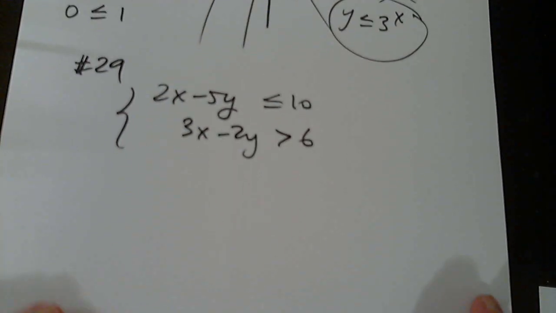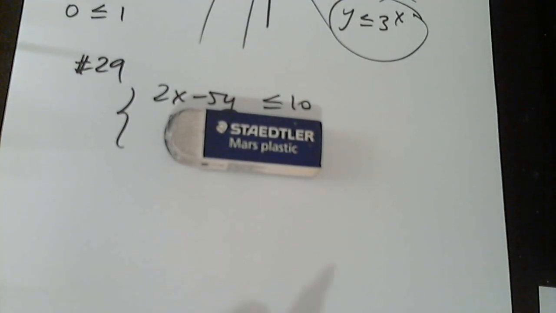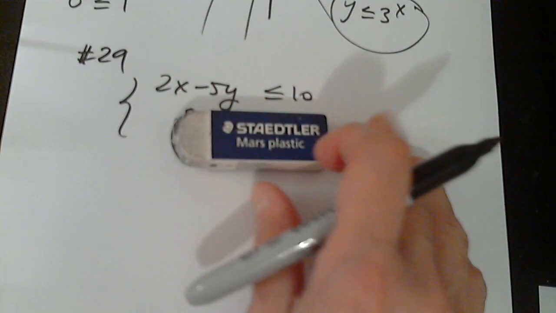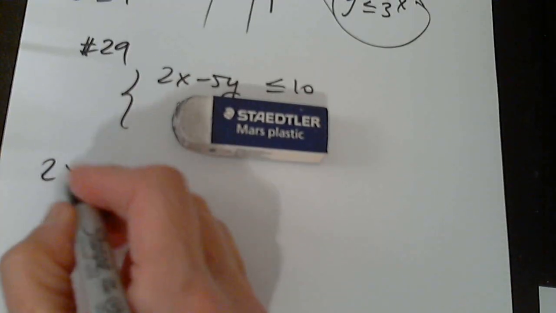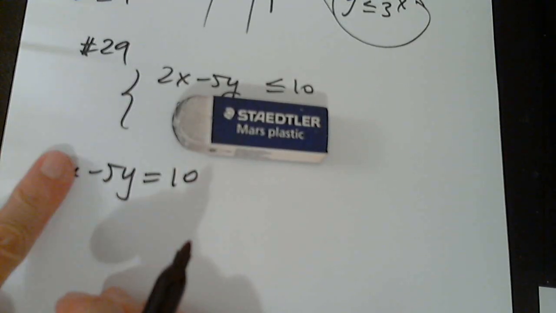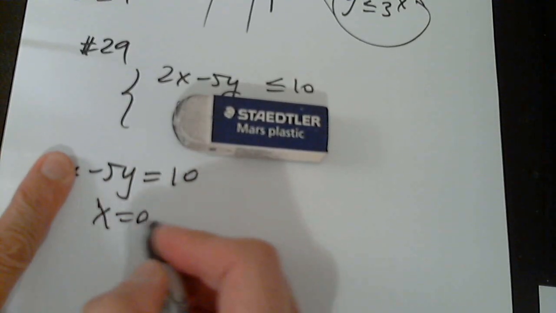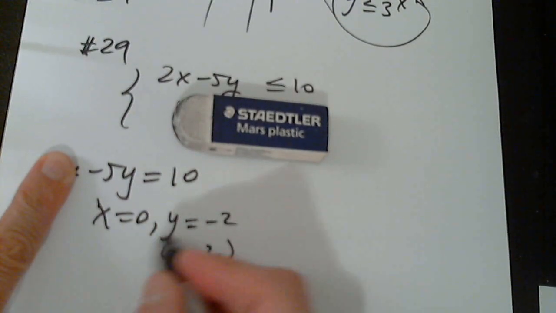Okay. So for now, we are going to address the first inequality exactly as we did before, as if the second one is not even there. So 2x minus 5y equals 10. When x is 0, y is negative 2. So (0, negative 2).